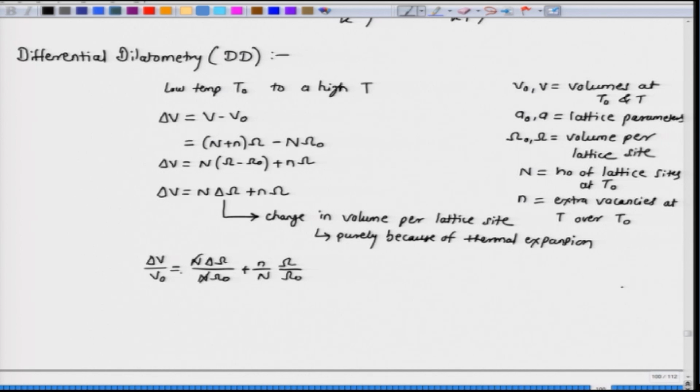This n will get cancelled. So, we can write, now again in this equation, small n over big N, we can approximately make it equal to x1V, that is the equilibrium concentration of vacancies at temperature T.